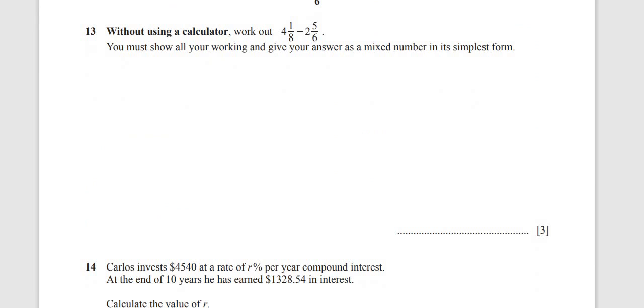So question 13, without using a calculator, work out 4 1/8, take away 2 5/6. So we can first convert these mixed numbers into improper fractions. So the first one, 8 times 4 is 32, plus 1 is 33, so that's 33 out of 8.